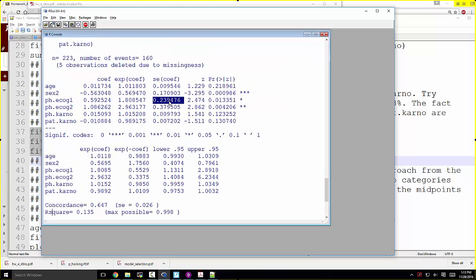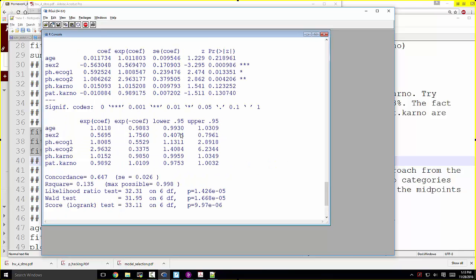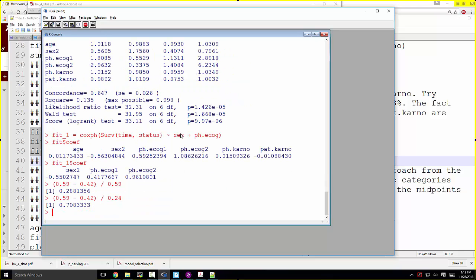The standard error, standard deviation of this coefficient is about 0.24. So how many standard deviation units away is this 0.42? Let's do 0.59 minus 0.42 divided by the standard error, 0.24. How many standard deviations away from that original estimate is the new estimate?